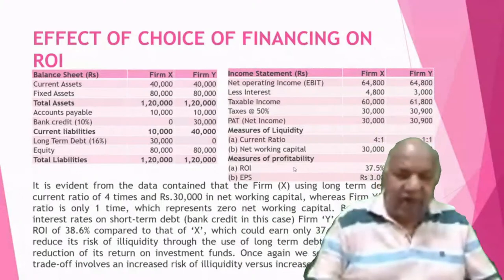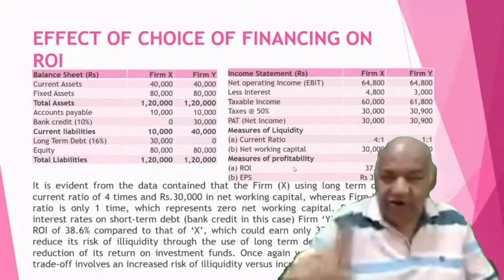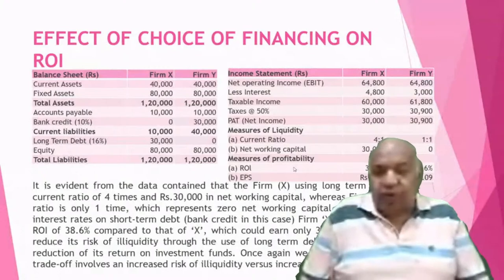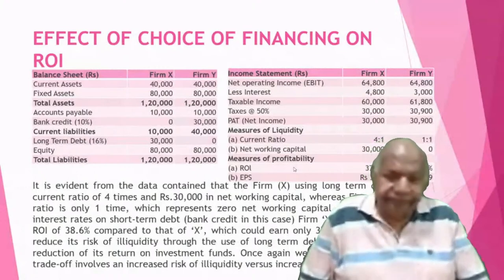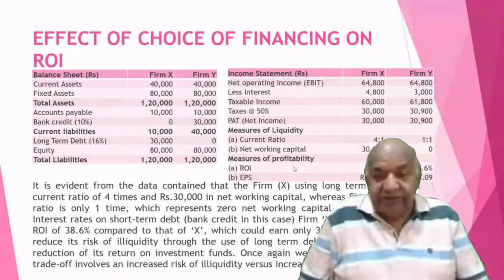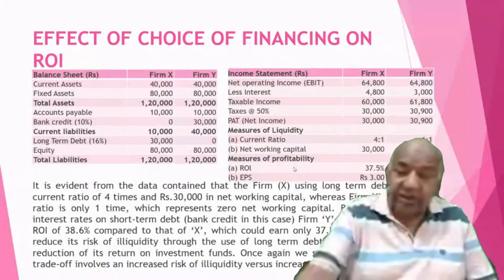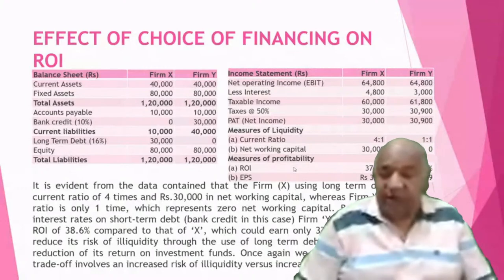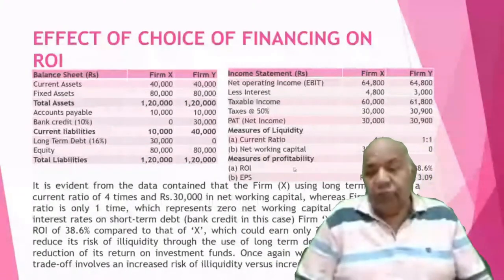And in case of firm Y, 10% of 30,000, 3,000. Therefore, total income for firm X is 60,000 and for firm Y is 61,800. Profit after tax, net income, if the taxation rate is 50%, is 30,000 in case of firm X and 30,900 in case of firm Y.